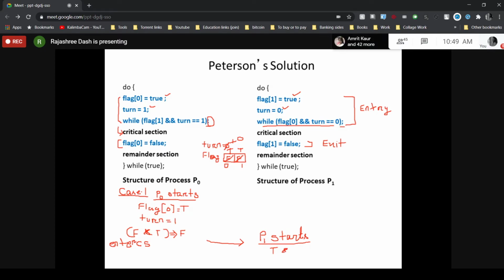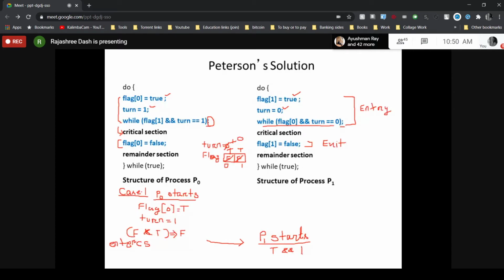What about the second condition? Turn equal to 0. What is the value of turn now? 0. So turn equal to 0, is the condition true or false? True.